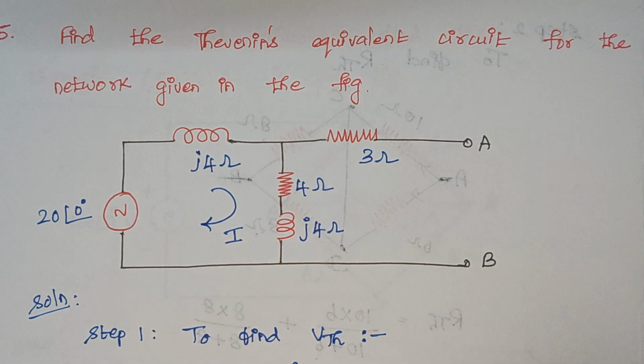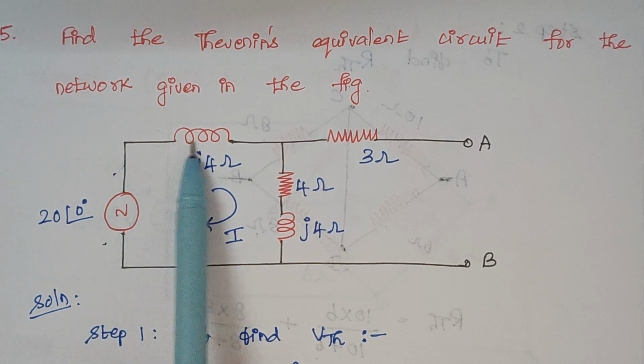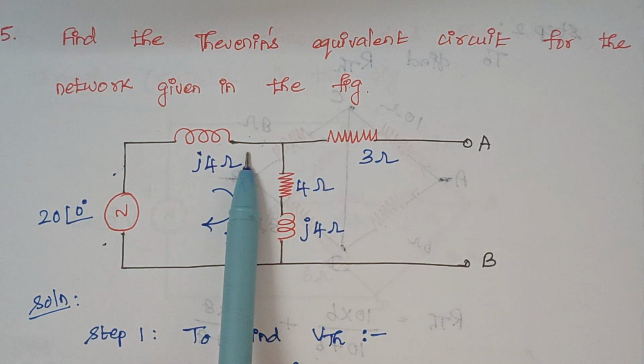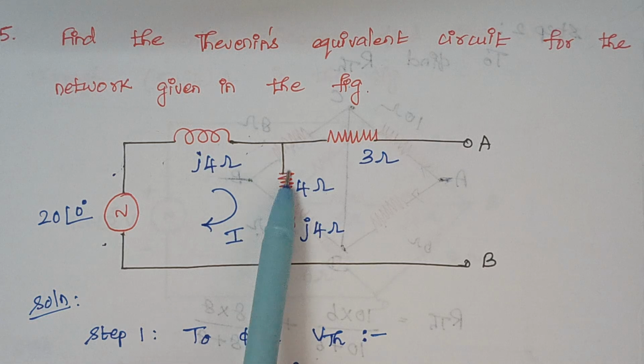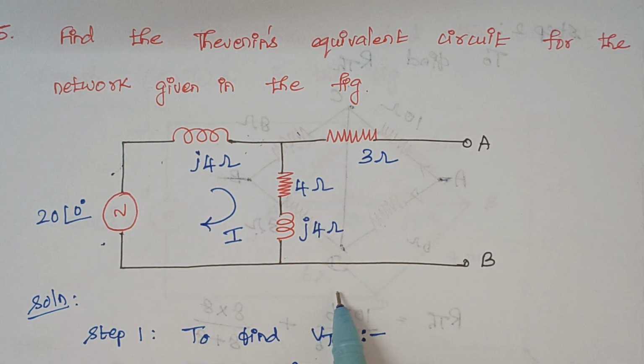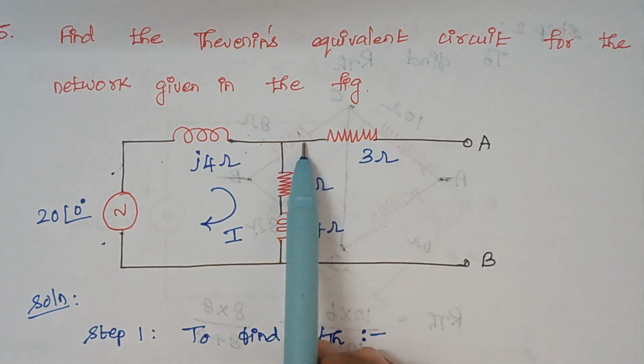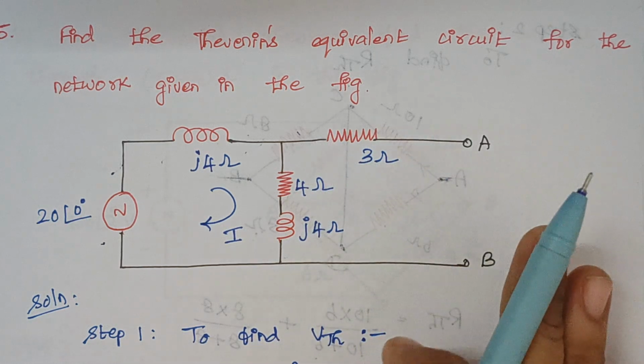To calculate the Thevenin's voltage, the current from this voltage source reaches this place, and the entire current flows through this. It won't flow through this 3 ohm. Why? Because here it is an open circuit, and a current will never flow through an open circuit path.